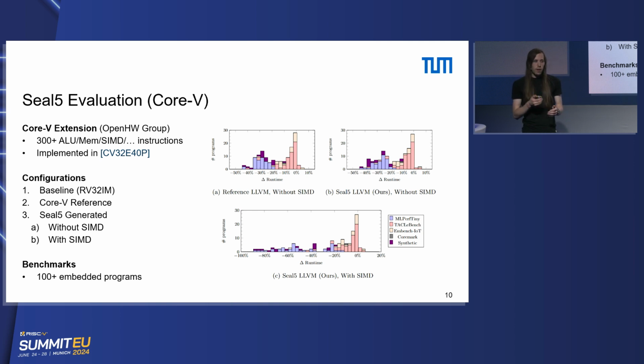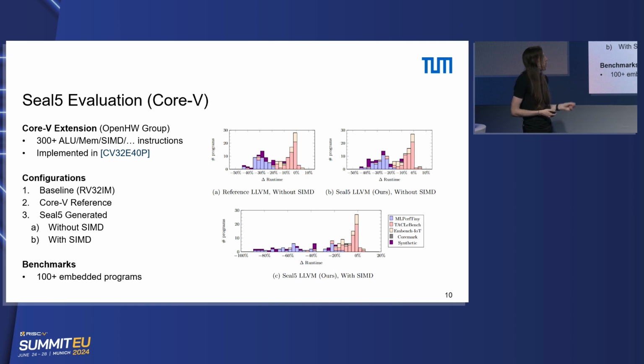One is a baseline RISC-V target without any vendor extensions, using upstream LLVM, and the other, the reference target, is the CORE-V reference LLVM, which was of course implemented manually by the community of the Open Hardware Group. Then we have 2 more configurations, which are generated by CL5. One is LLVM without SIMD support, and the other one is LLVM with SIMD support.